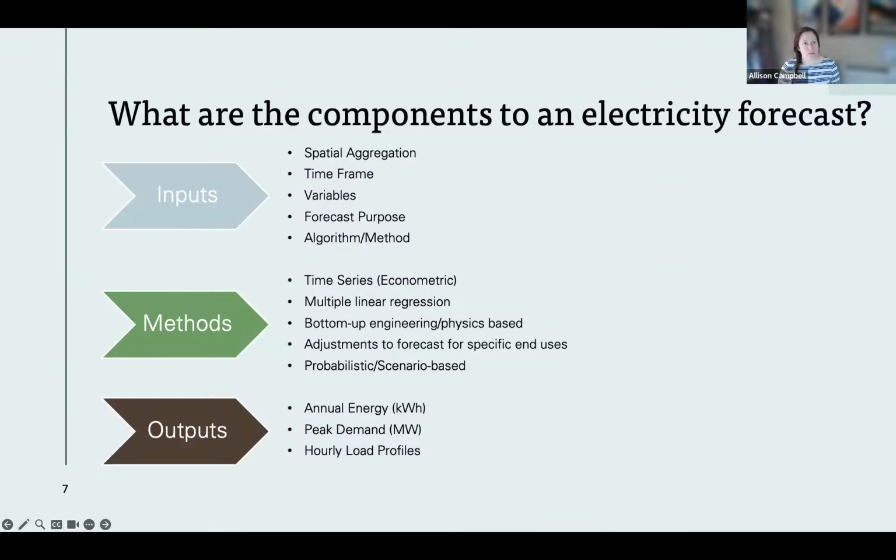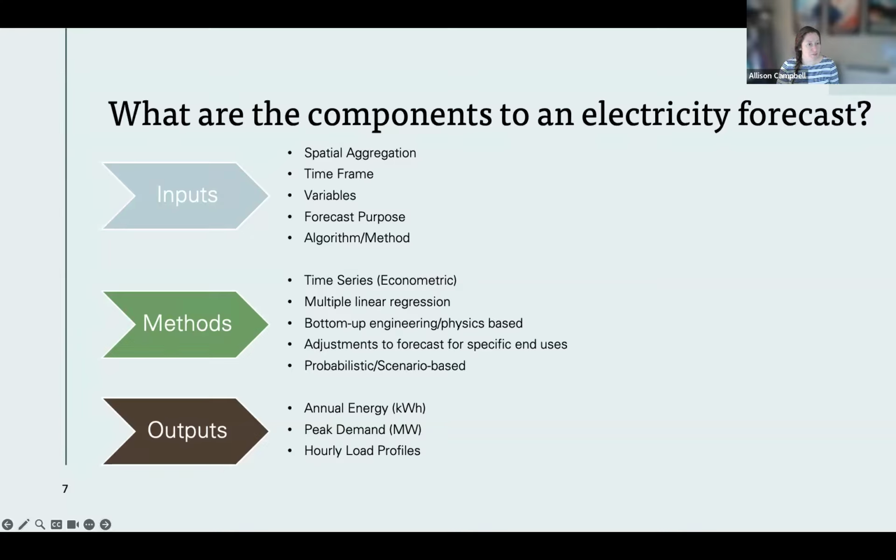So when it comes to developing an electricity forecast, it's important to think about all the stages. What are the components of an electricity forecast? If we break those down, that can be broken into inputs, methods, and outputs. So we'll talk about these in greater detail. The inputs for electricity forecasts can be things on the order of spatial aggregation, the time frame, the variable inputs we want to include, the purpose of the forecast, and the algorithm or the method itself can be an input.